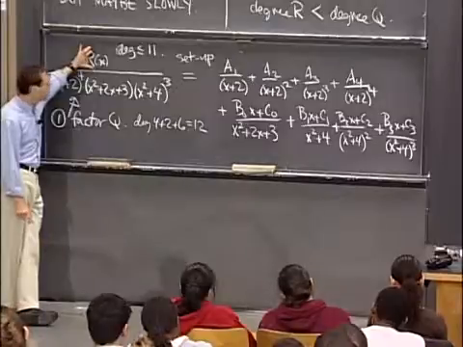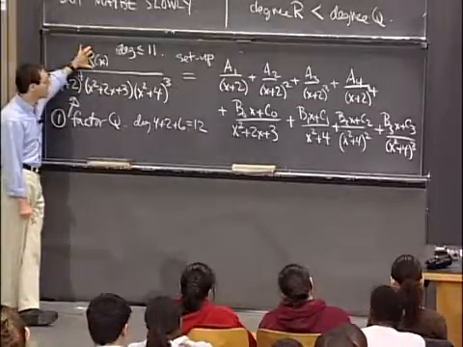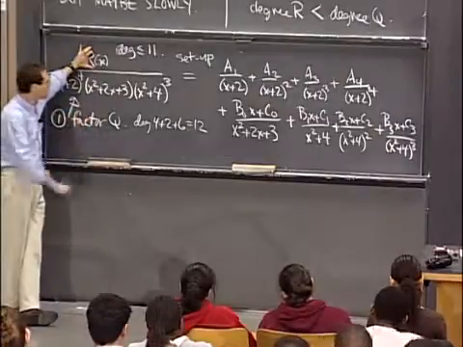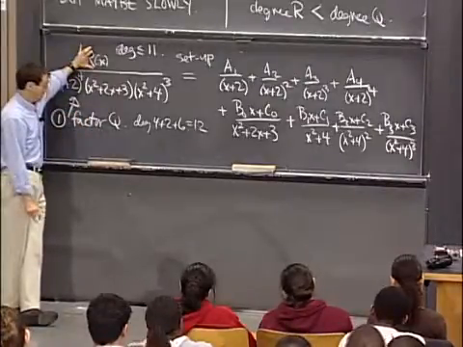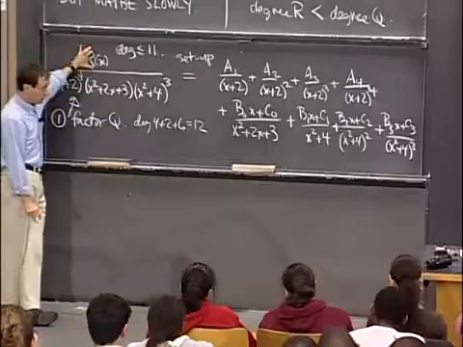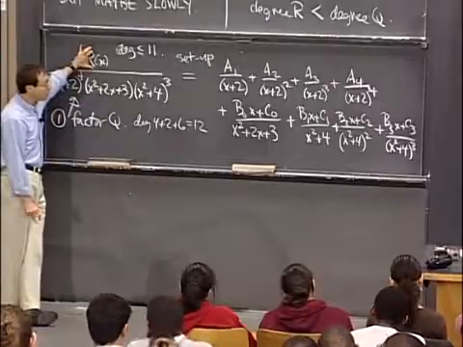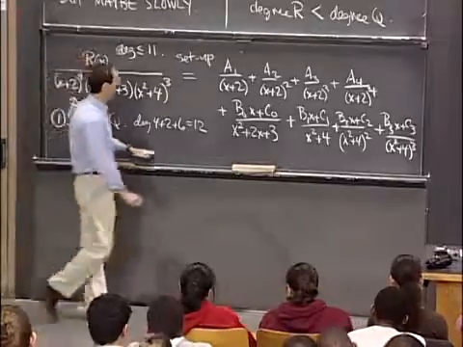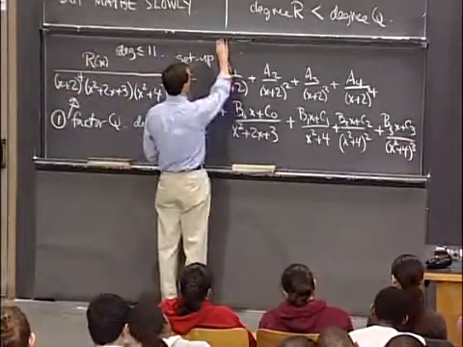You have the coefficient of x to the 0, x to the 1, all the way up to x to the 11th. And 0 through 11 is 12 different coefficients. So this is a very complicated system of equations: 12 equations for 12 unknowns.